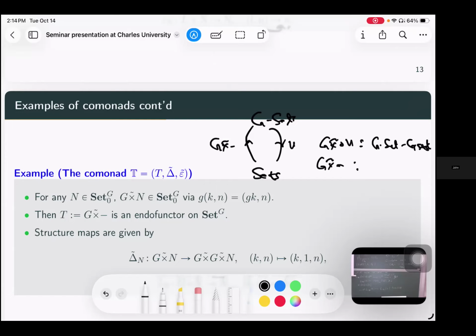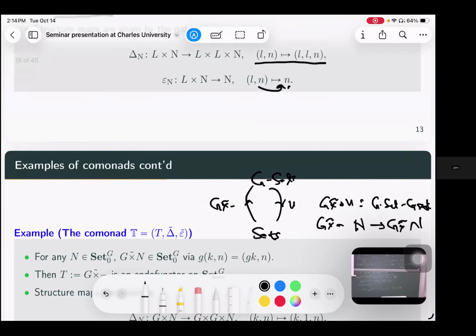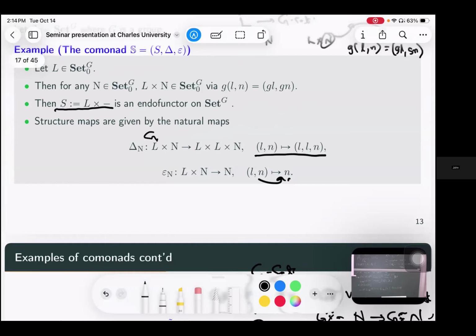So this will take in some G-set, say N, and it's going to give us G ×~ N. Now, I use the G ×~ N to differentiate between this one and the one which I have up there, because in case the L there is a G, then if I don't differentiate between them, there'll be some sort of confusion.